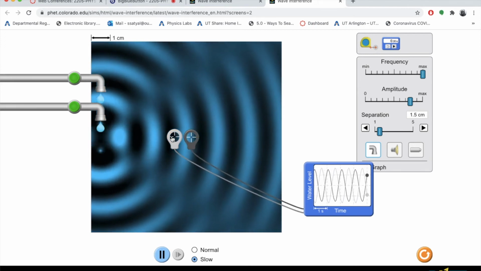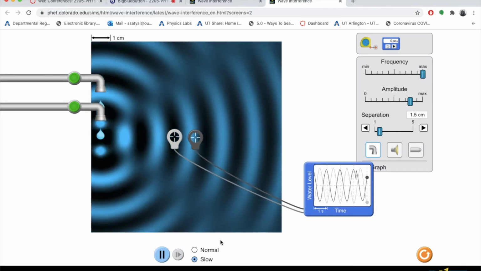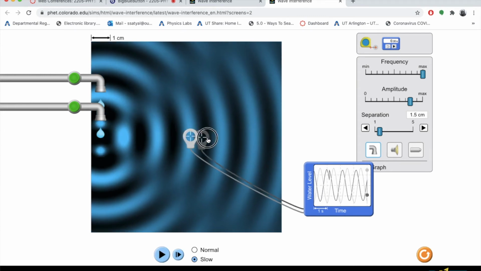So when the white one is at the trough, the black one is at the crest, and vice versa. So these are exactly out of phase. If I were to pause it and measure both at the crest, these will overlap. Well, not exactly, because here, let me.